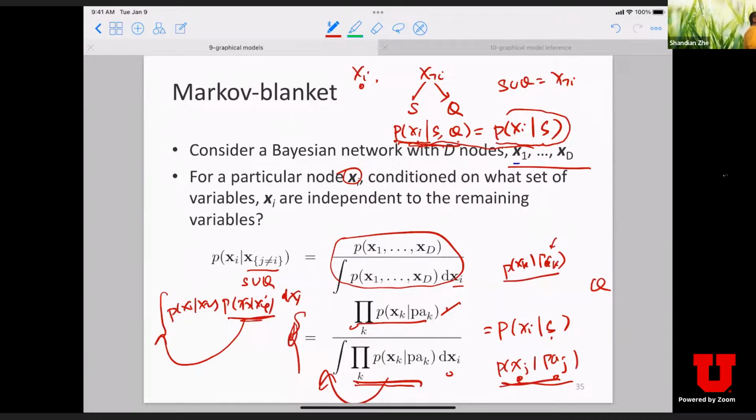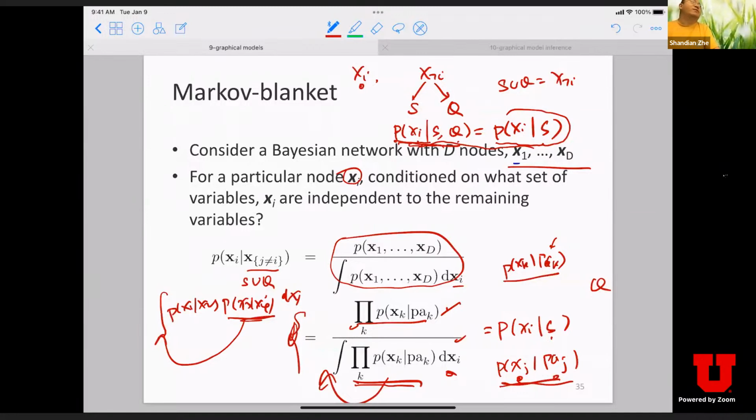And their variables form Q. So the remaining variables inside this fraction will be just the conditional probabilities that contain xi, right? Why must they stay here? Because you're going to integrate xi, so those variables cannot disappear. They are coupled together.